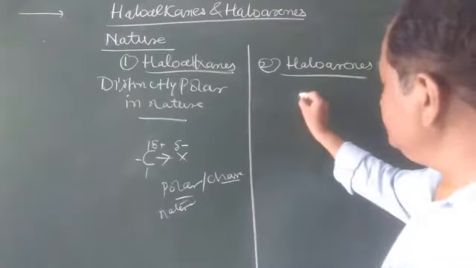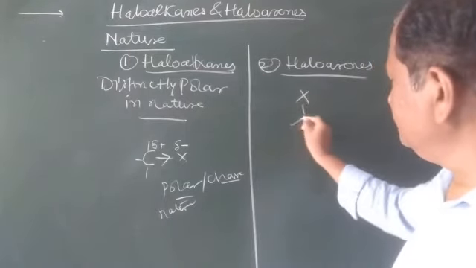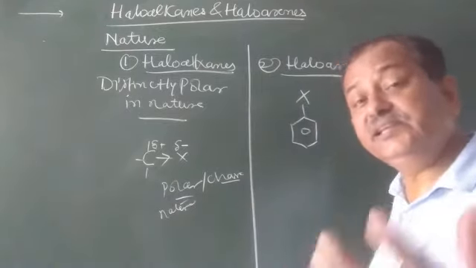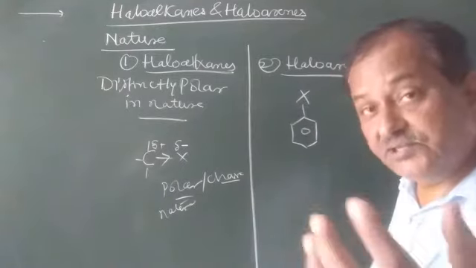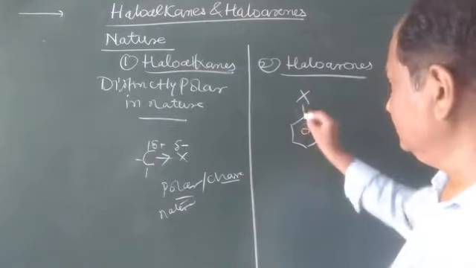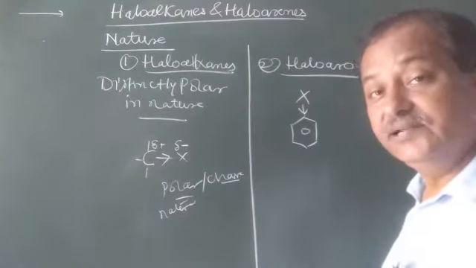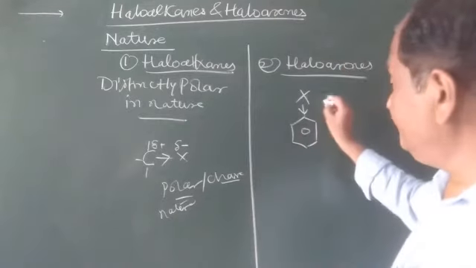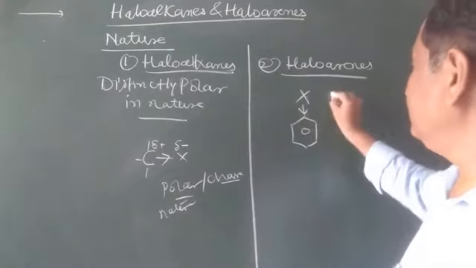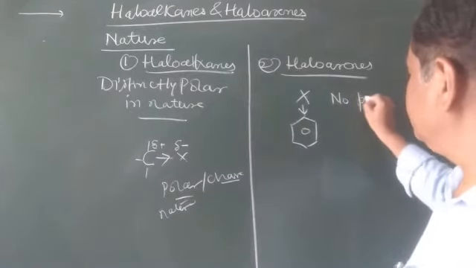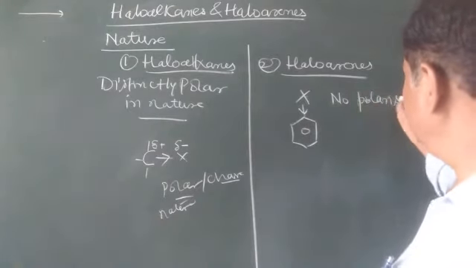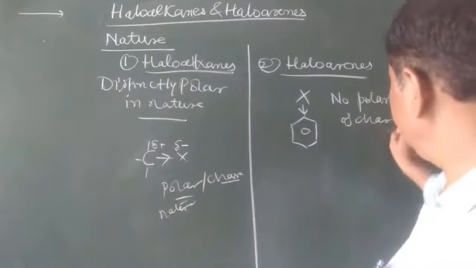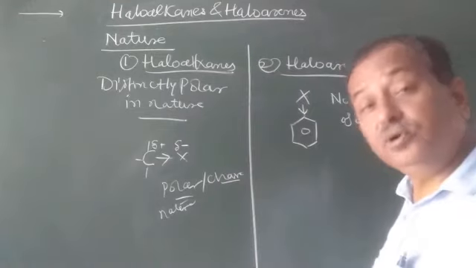Now coming to haloarenes. This is the benzene ring. Actually, the benzene ring has a tendency to withdraw the electrons towards itself, just opposite to that, and as a result the halogen is also having a strong tendency. So what happened? There is no polarization of charges, and as a result they are not polar in nature.